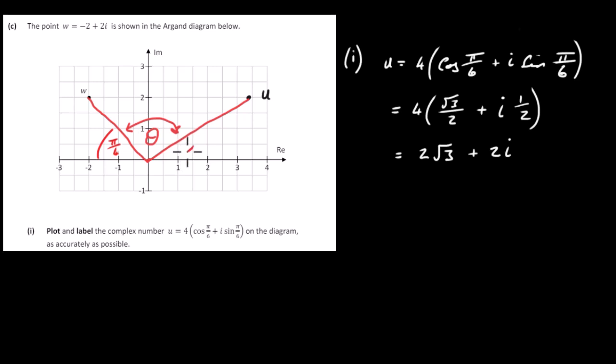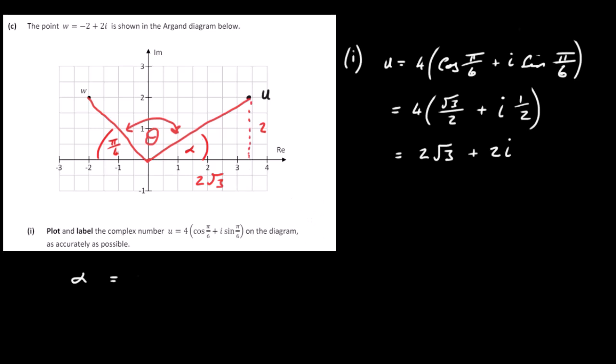Now this one over here, let's call it alpha. That one can be found easily enough. We can see down along here is 2, and out along here we've got 2 root 3. So the tan of alpha is just 2 over 2 root 3, or just 1 over root 3.